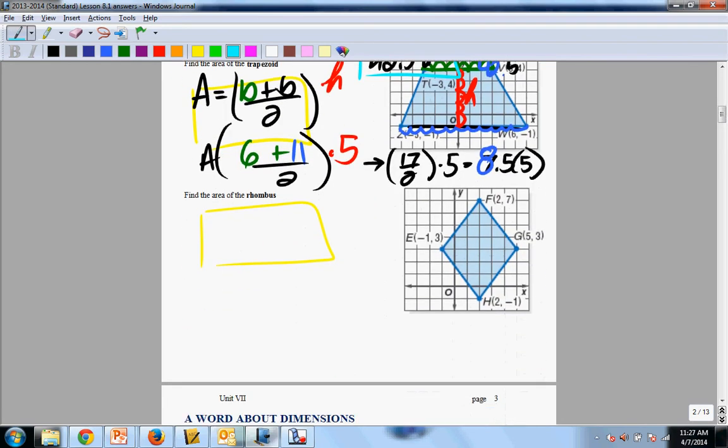All right, you guys, ready? Write the equation for what this is. See if you can't do that one on your own. The 5 is the height.